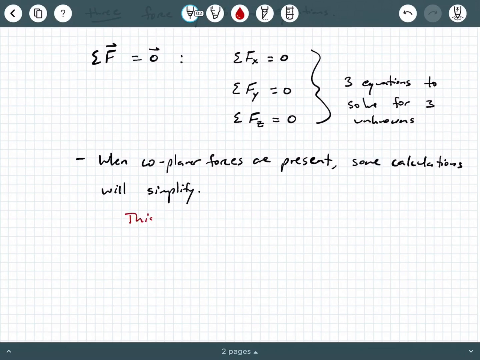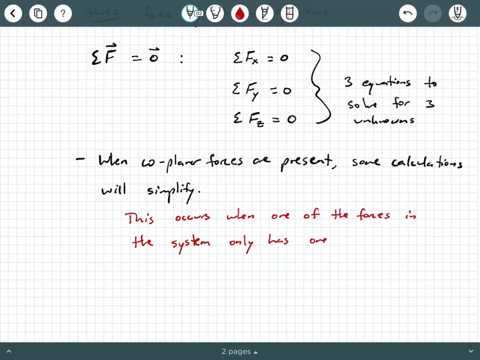We're going to say this occurs when one of the forces in the system only has 1 or 2 components instead of 3.